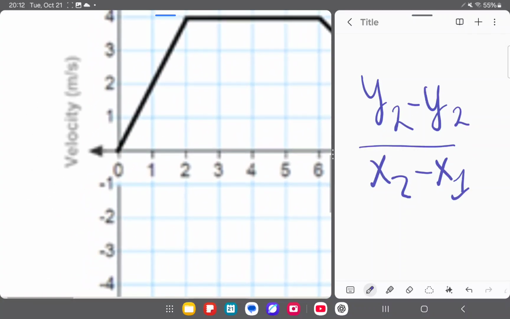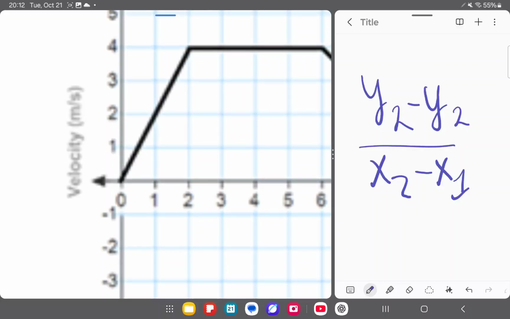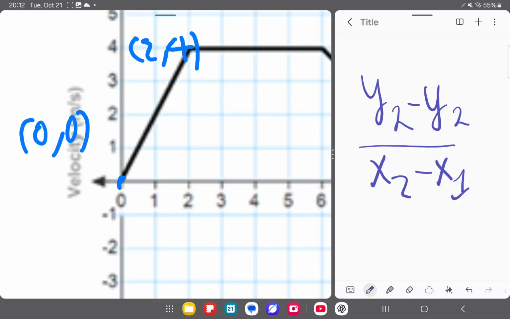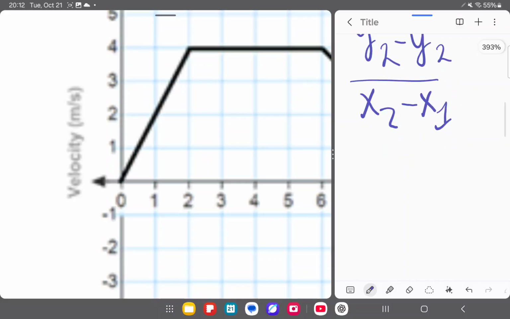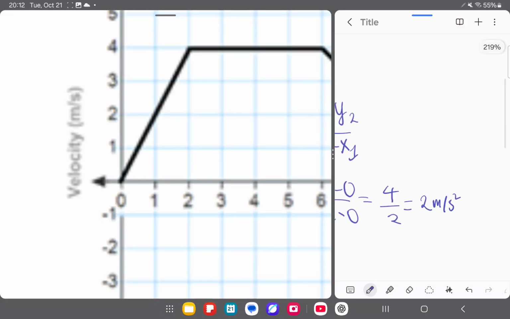We'll say x1, y1 will be 0, 0, and x2, y2 will be 2, 4. So we'll be left with 4 over 2, or originally 4 minus 0 over 2 minus 0, which is equal to 4 over 2, which is equal to 2 meters per second squared.